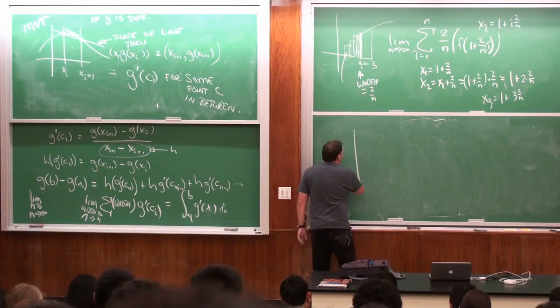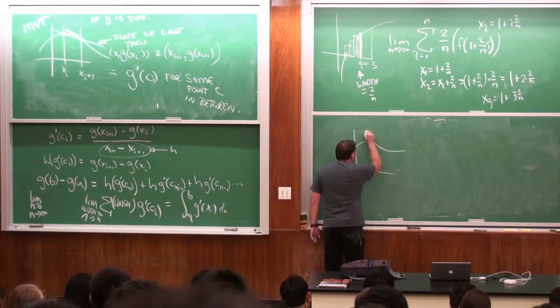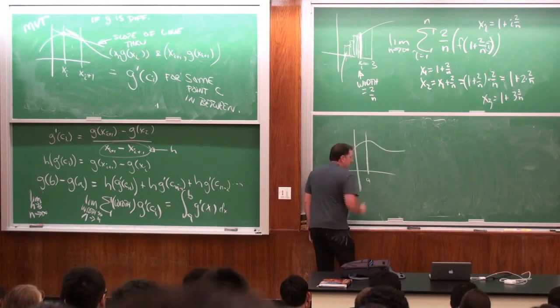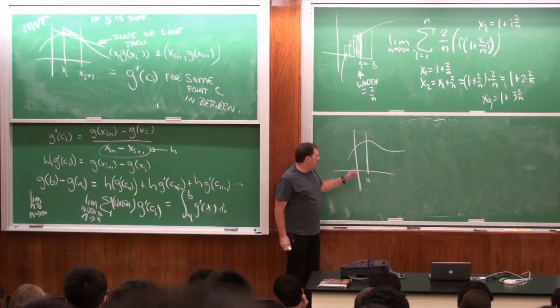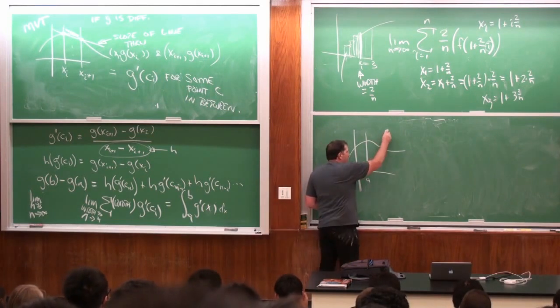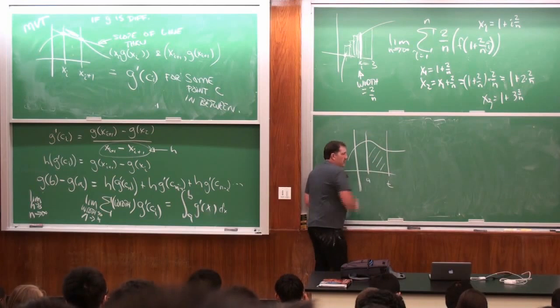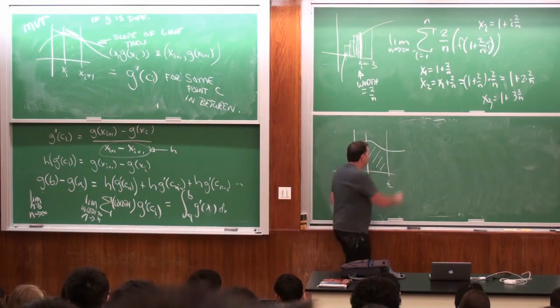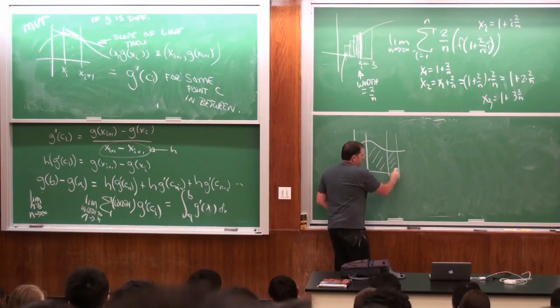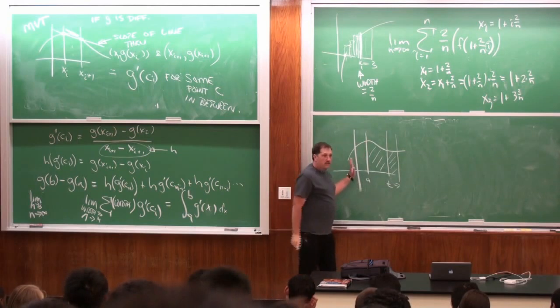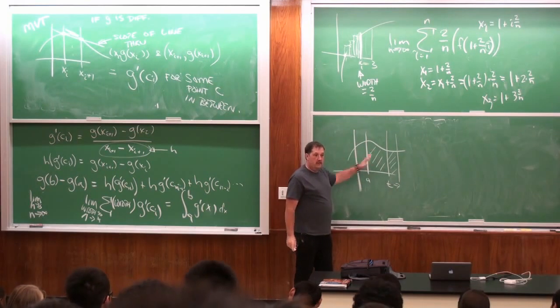So if I have some function, here it is, and I start somewhere, here, I want every place I stop, like here, I get an area. Right? So if I move a little further, I get more area. So this is actually a function.